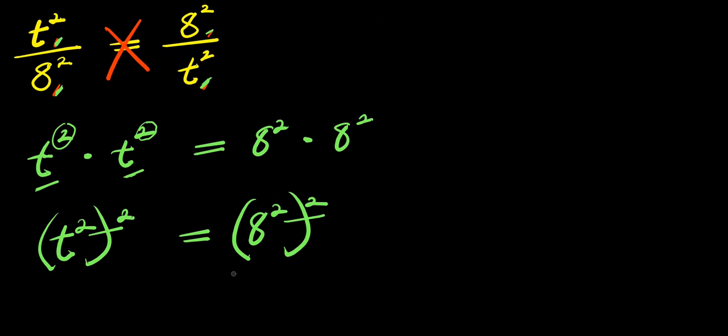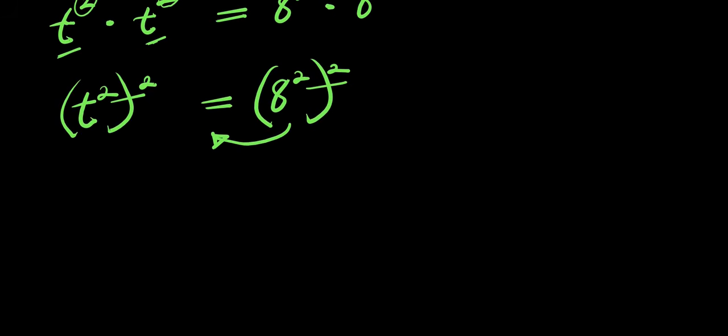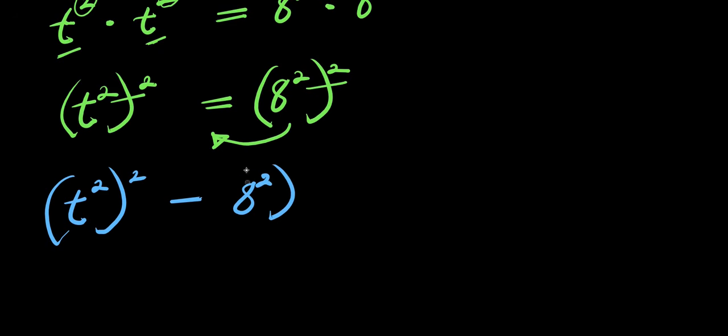So, the next thing we can do at this point is to move this over here. So, we are simply going to have (t²)² minus (a²)² equals 0. So we have power 2 here, we have power 2 here, and this point is minus.